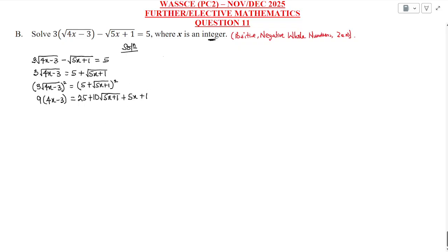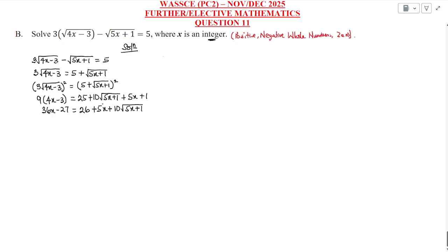Simplifying, the left gives me 36x minus 27 when I expand the bracket. Then this gives me 26 plus 5x and then plus 10 root 5x plus 1.